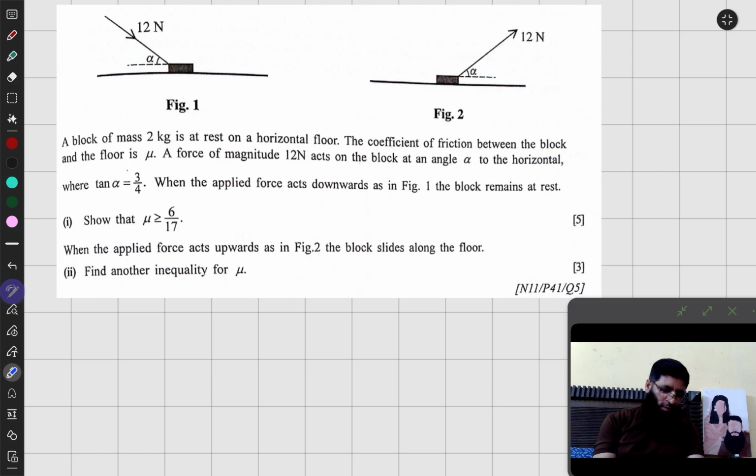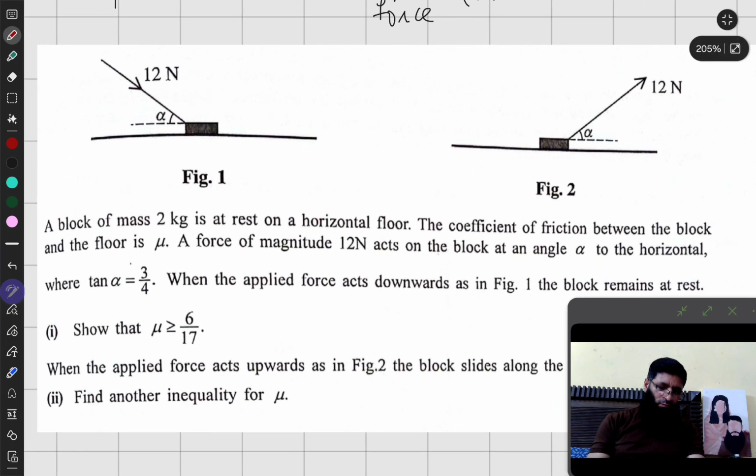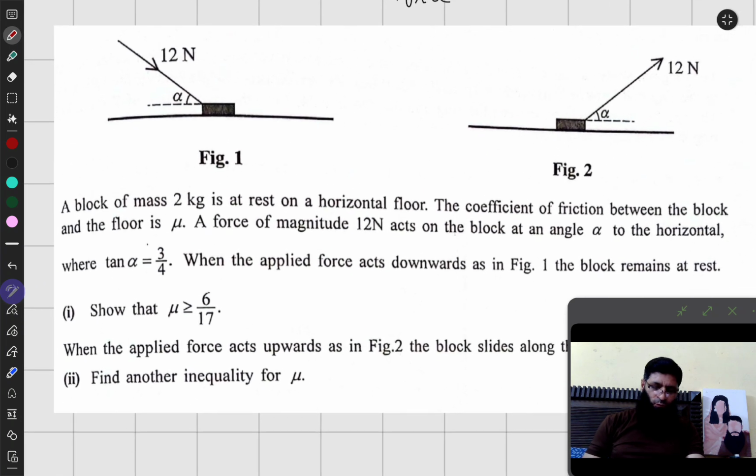So first of all, let's resolve the forces in diagram 1. You can see that the force of 12 Newton is a diagonal force, and we have seen in the part on resolution of forces that whenever you have a diagonal force, you will have to resolve that force into its components.